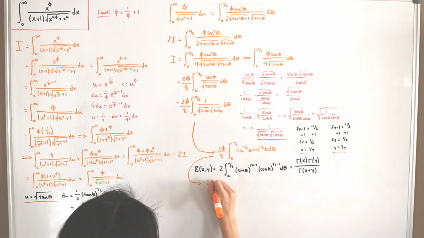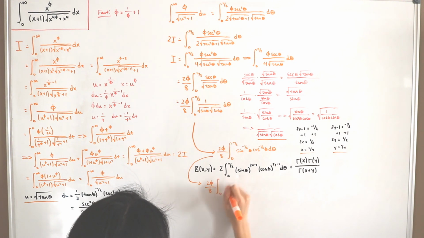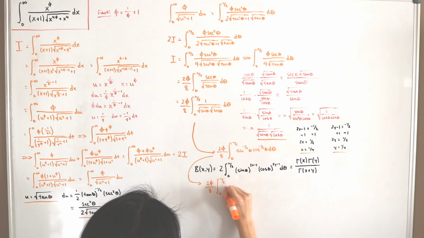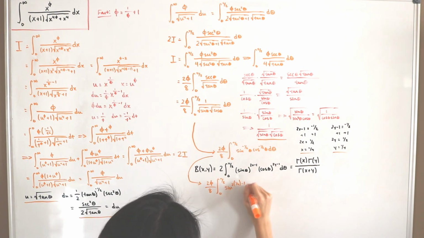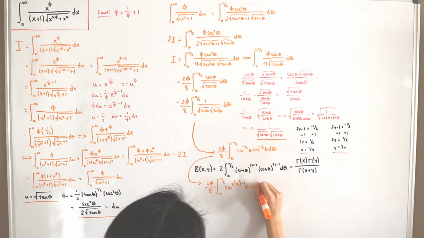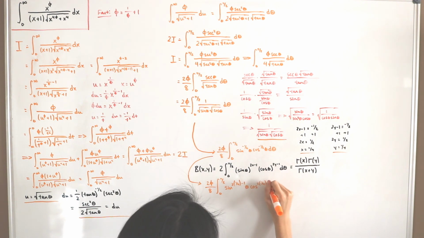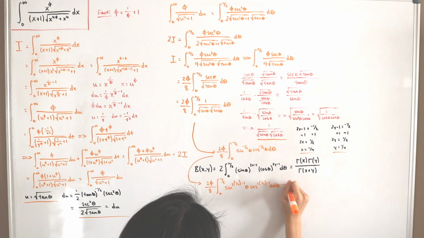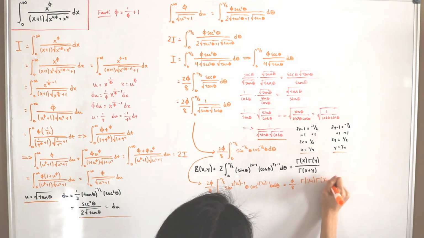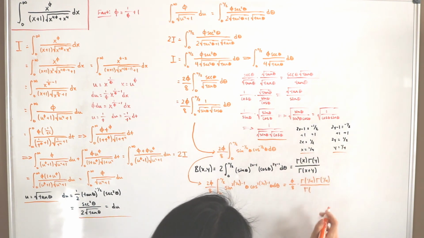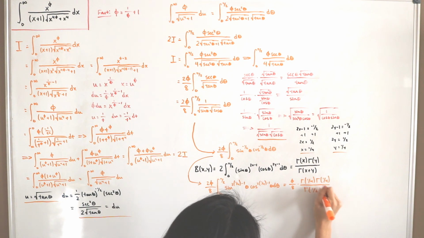So 2 pi divided by 8, and then integral 0 to pi over 2 of sine of 2 times 1 over 4 minus 1 theta, and then times cosine of 2 times 1 over 4 minus 1 theta d theta is equal to pi over 8 multiplied by gamma of 1 over 4, and then multiplied by gamma of 1 over 4, and then divided by gamma of x plus y, 1 over 4 plus 1 over 4, that's 2 over 4, so it's gamma of 1/2.